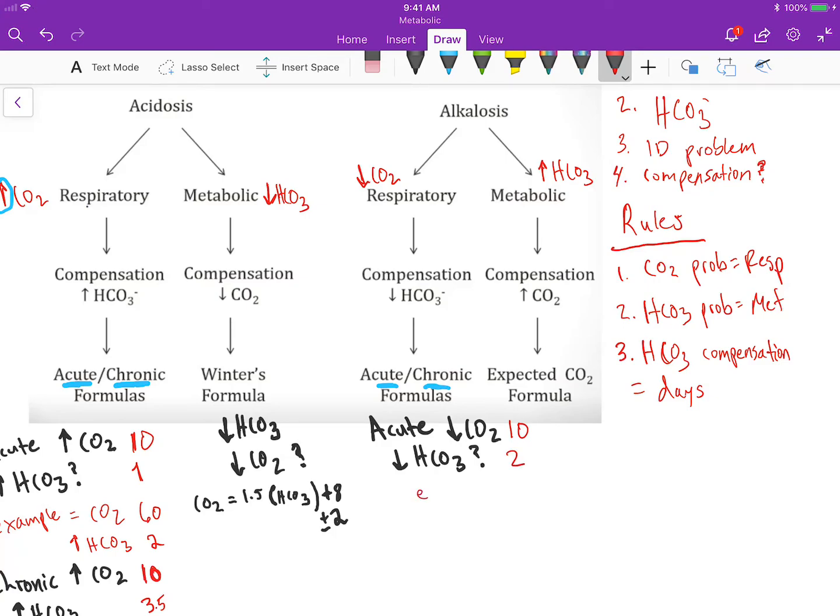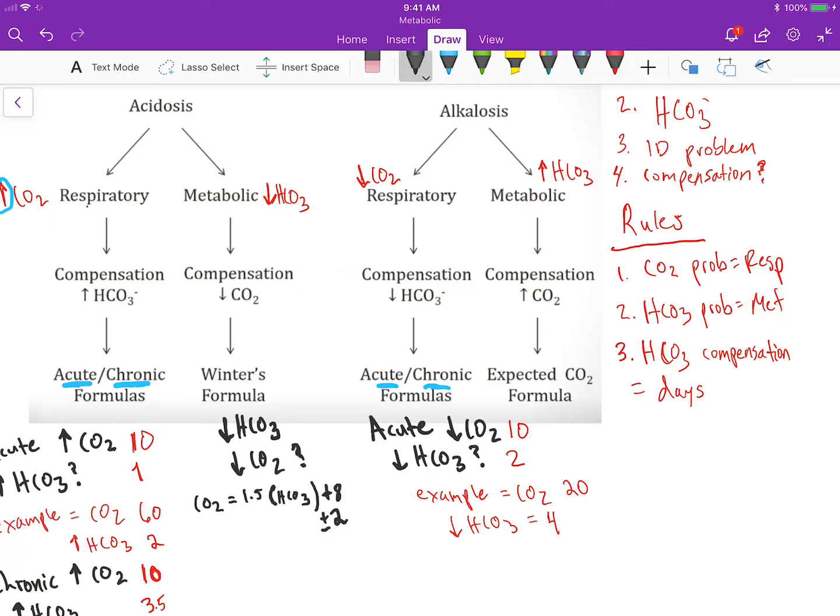Okay, so example, let's say CO2 is 20. It's a change of 20 from baseline. So we'd expect 2 for every 10, so that'd be 4. So the drop in bicarb should be 4.